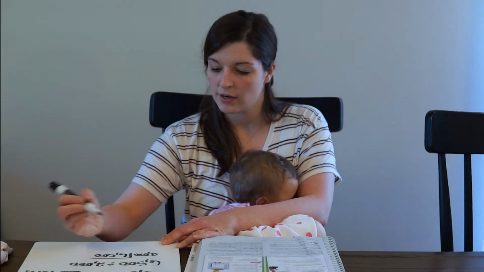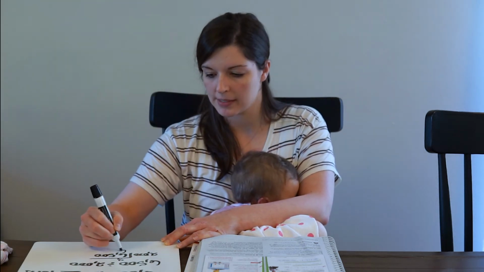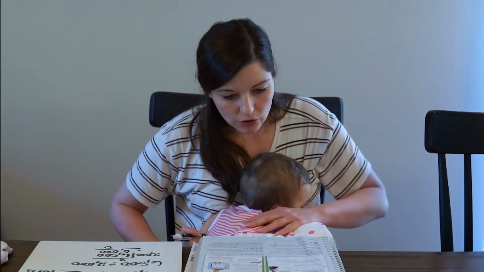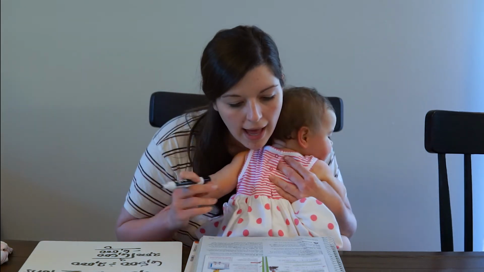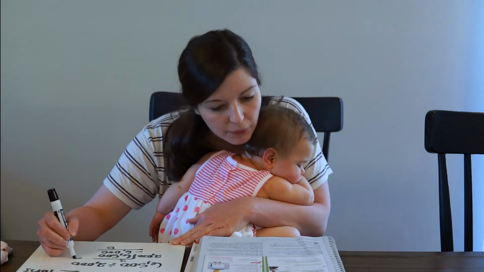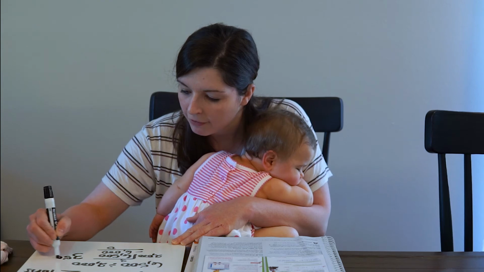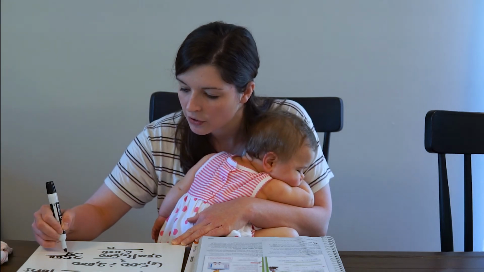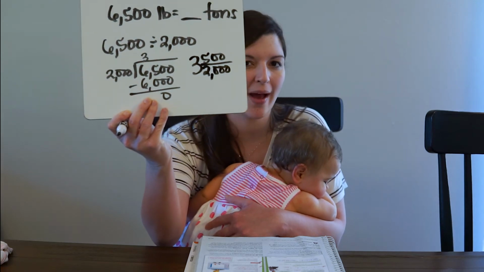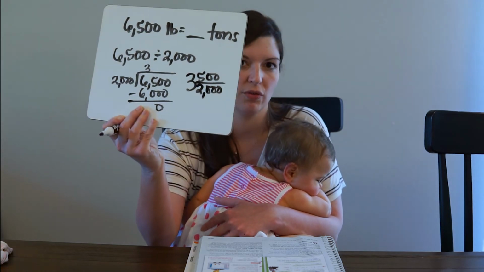Okay, I know 2,000 goes into there 3 times. That's 6,000. And then things get a little strange. And then I know that there will be 500 left over. So 3 and 500 over 2,000. Kind of what my answer is going to look like. But I know I can simplify 500 over 2,000.